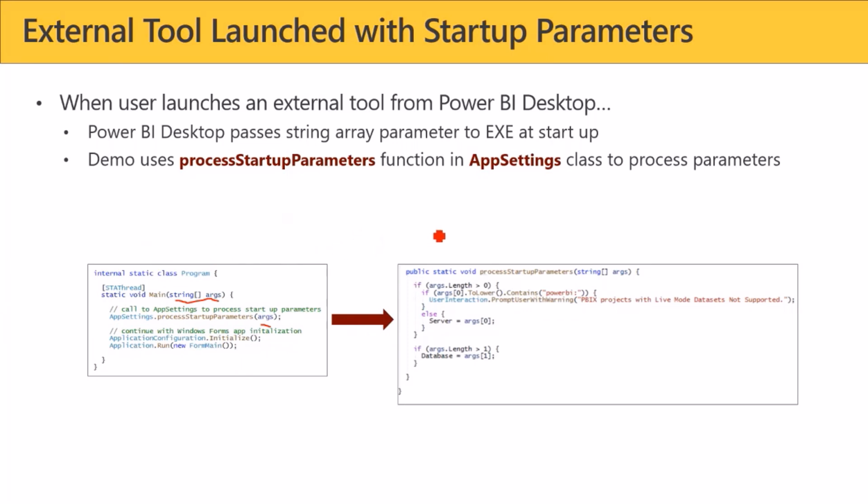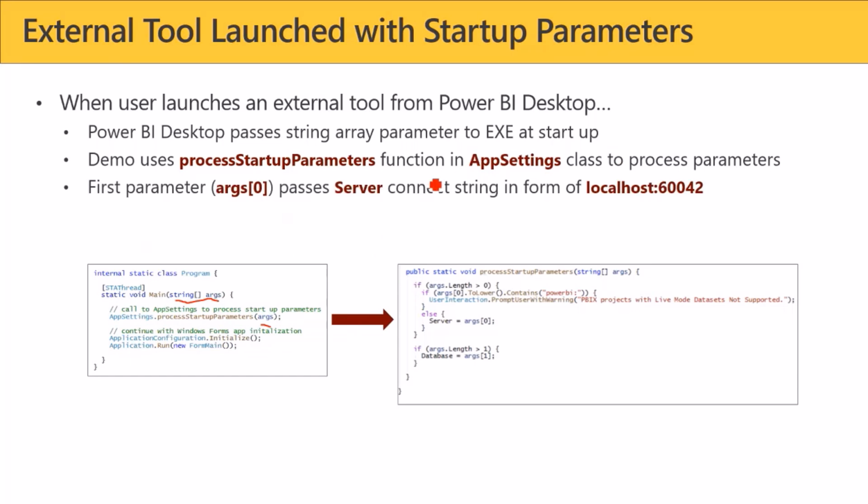Now, what we're going to see is that it's going to give us a connection string in the form of localhost and then some random port number, starting with a 5 or a 6. If you see that it contains Power BI, to me, that's a red flag because it says that this PBIX file does not contain a data set. It's just the report that's bound to another data set. So then you would have to connect to that inside the Power BI service. So here, what we're trying to do is make sure that its connection string is to a local session. And if so, we're going to set server.